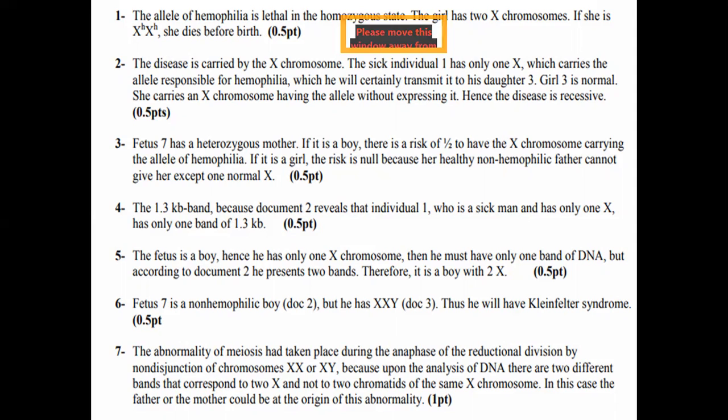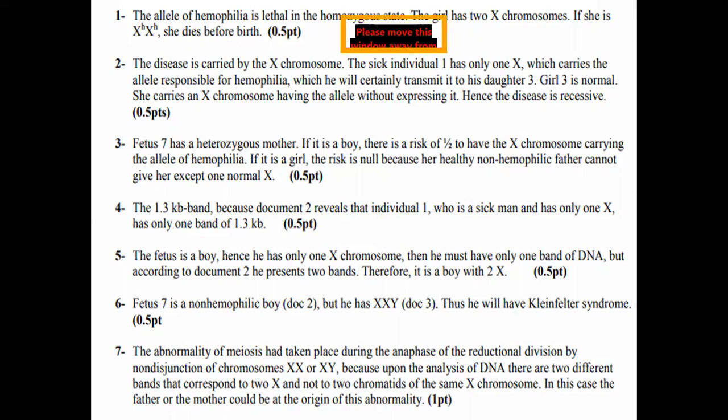But according to this document, it presents two bands. Therefore, it's a boy with two X chromosomes. So fetus 7 is a non-hemophilic boy. It has no hemophilia. Since it has XXY, it has Klinefelter syndrome.